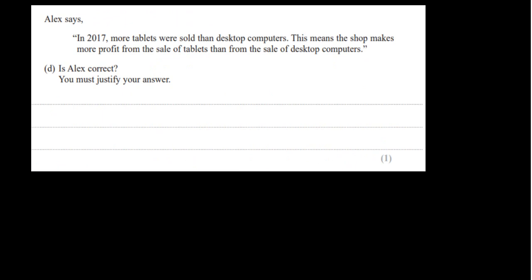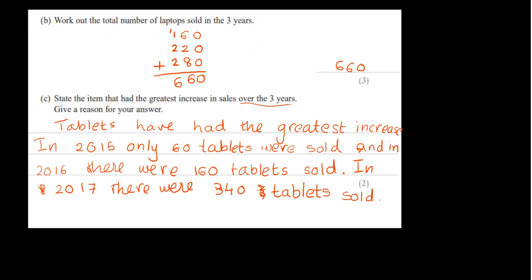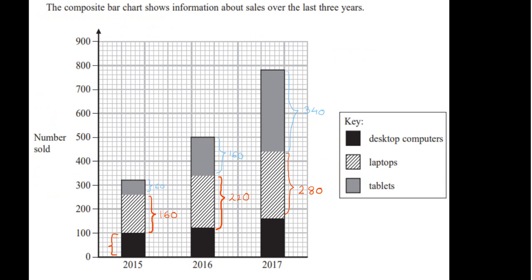This bar chart just tells you information about the sales from the three devices. It doesn't say anything about profit. So what I would say is you must justify your answer.